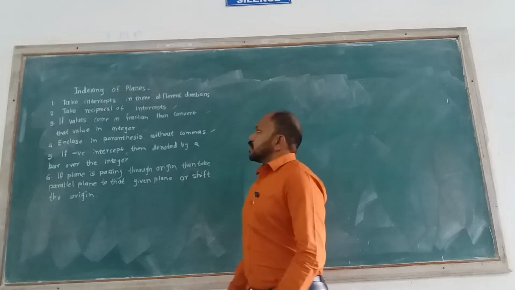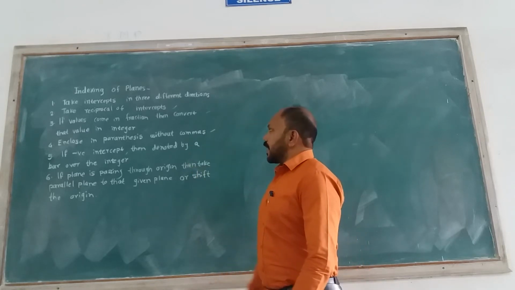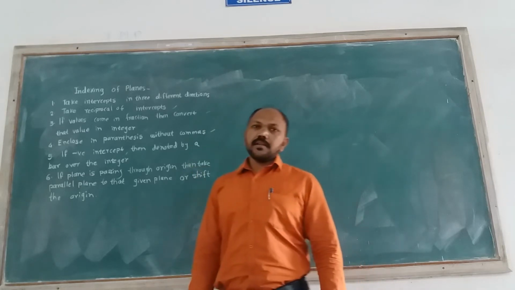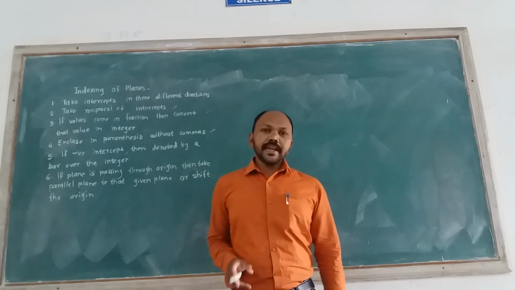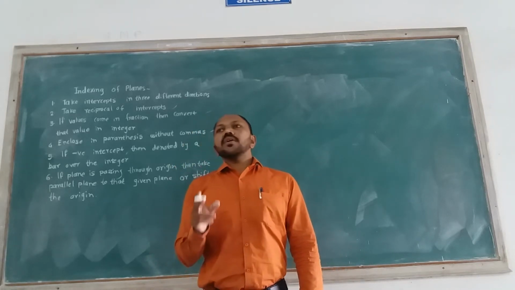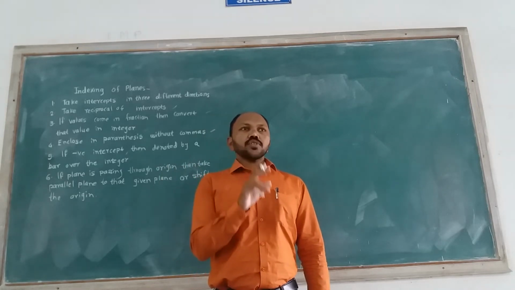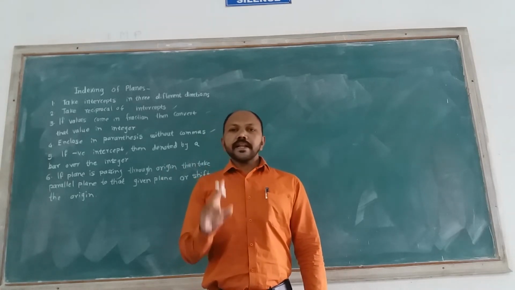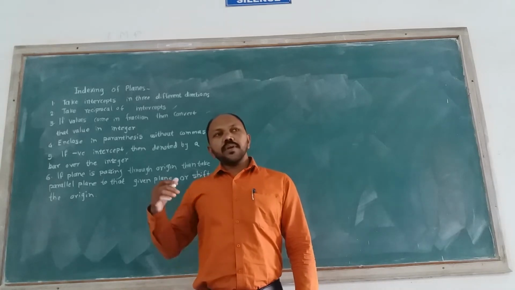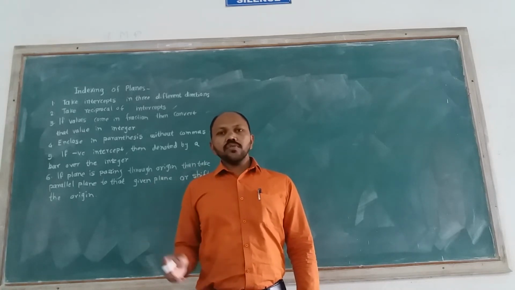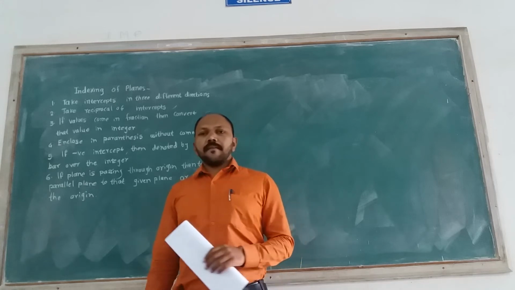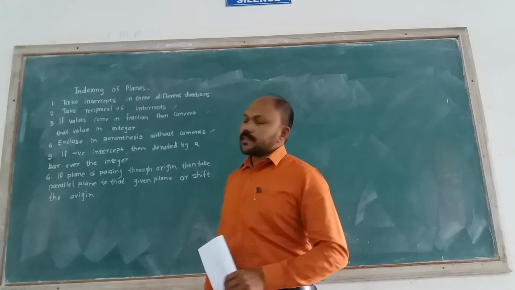Now enclose all three values in parentheses without commas. In case of directions, we enclose the three values in square brackets, but in case of planes, we show the values in parentheses without any commas.